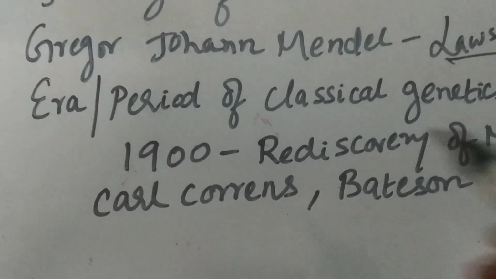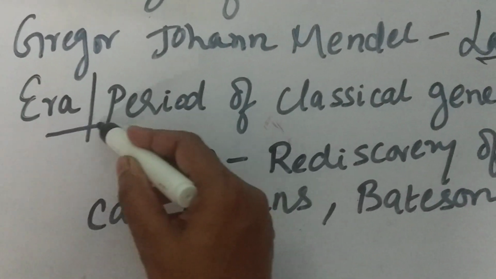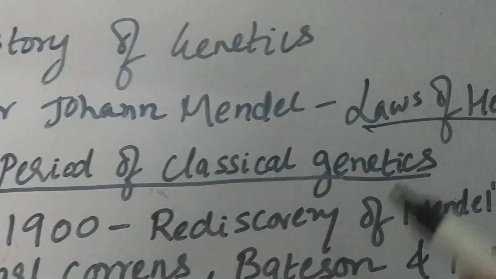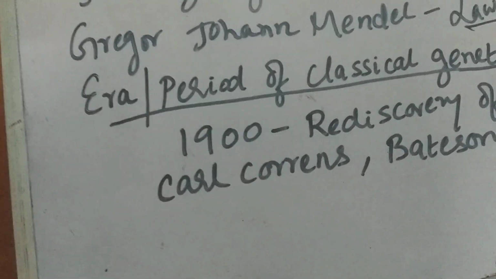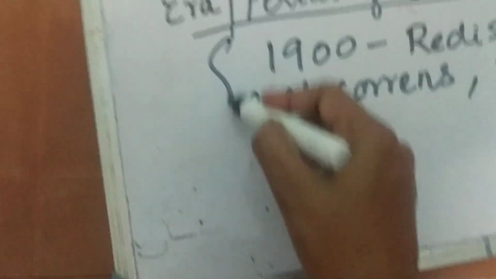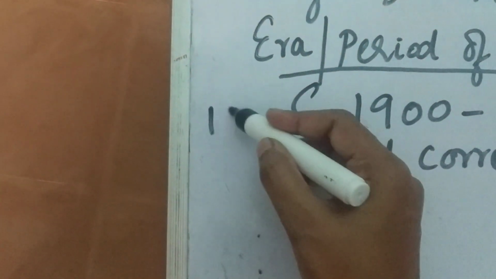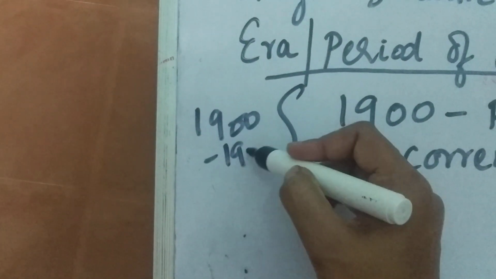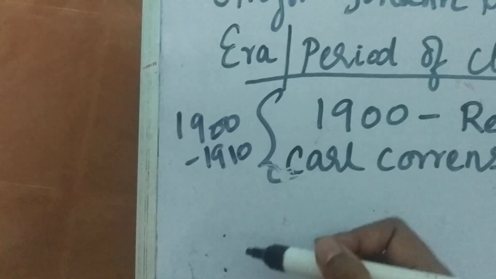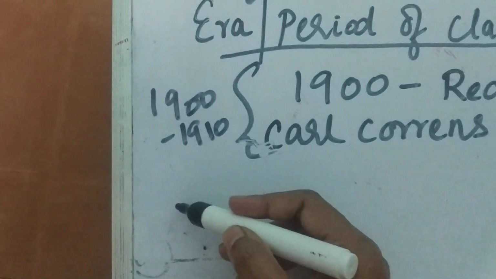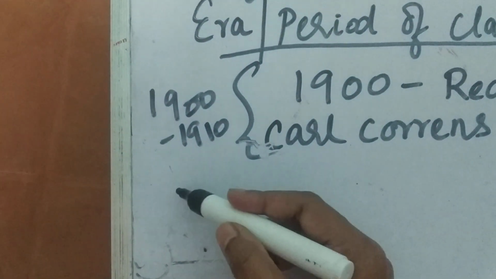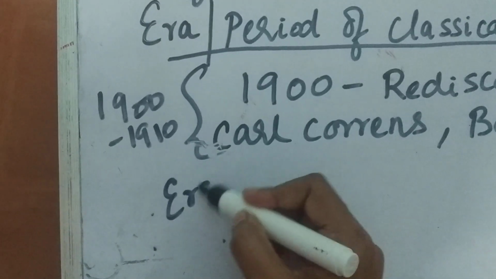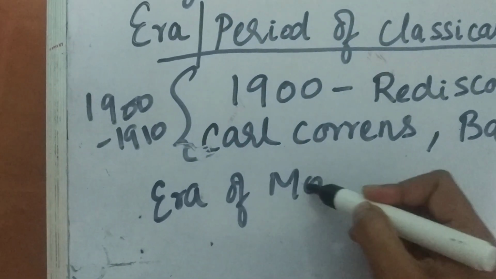So this period of genetics is called classical genetics. It lasted for about 10 to 20 years, 1900 to 1910 or so. And after that came the era of modern genetics.